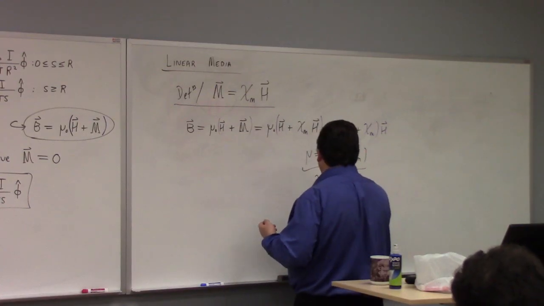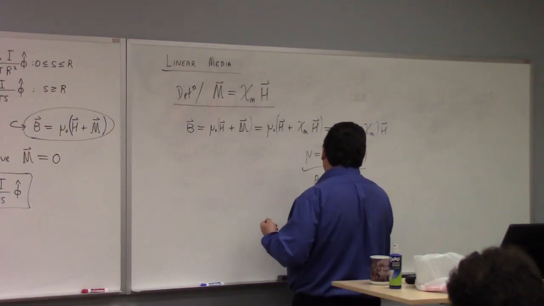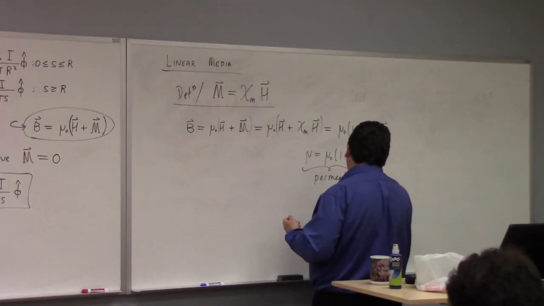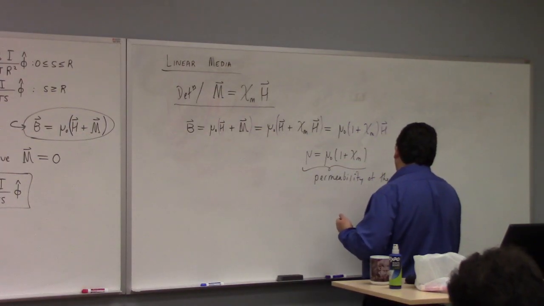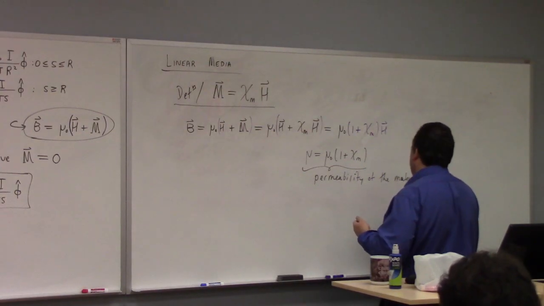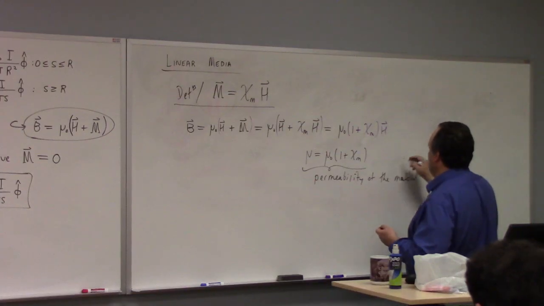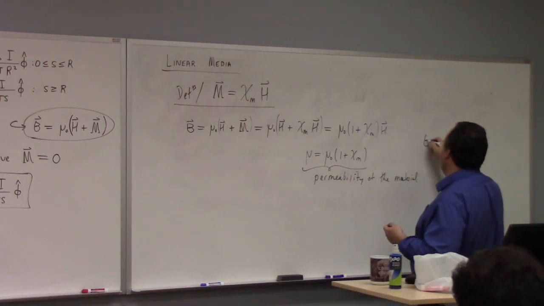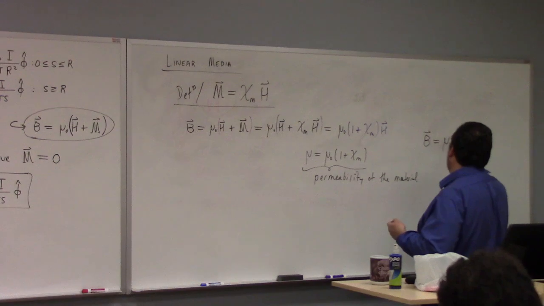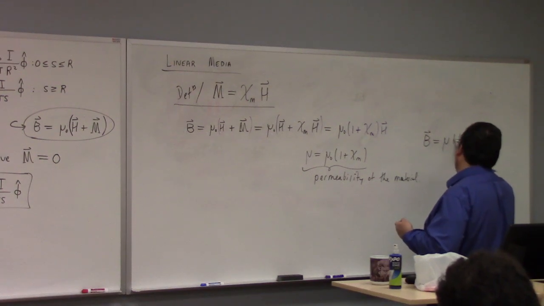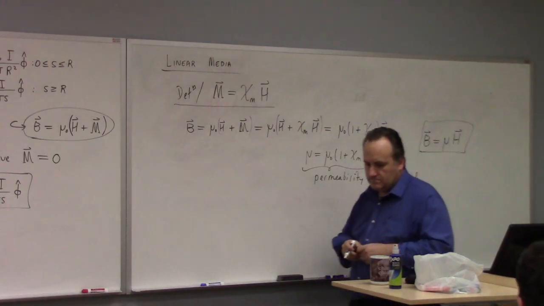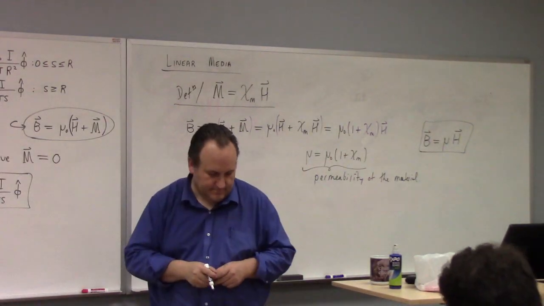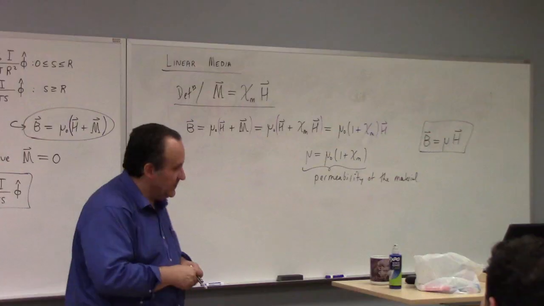This right here is the so-called permeability of the material in question, all right? And in terms of this, we have the formula B is equal to mu H.